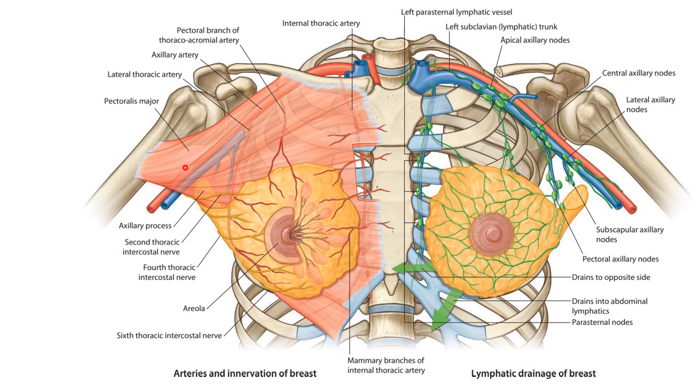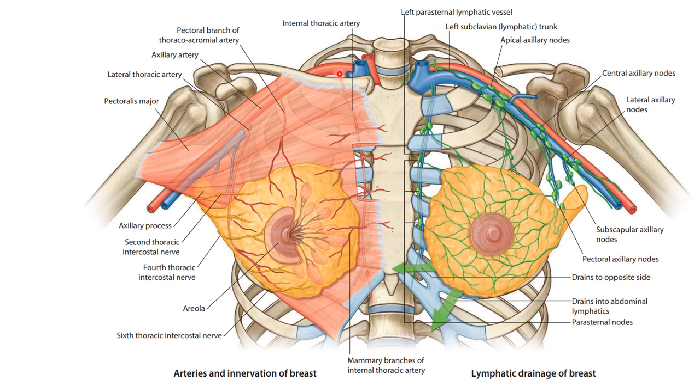Surgeons should have solid anatomical knowledge of the blood supply. The blood supply is divided into medial half and lateral half. The medial half is basically supplied by branches from the internal thoracic artery.